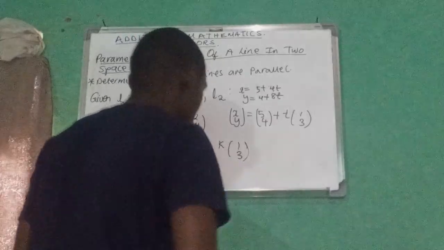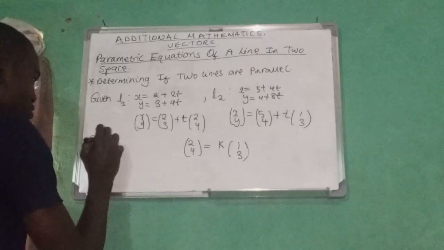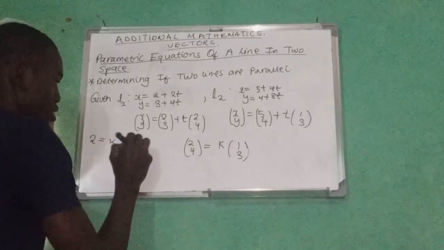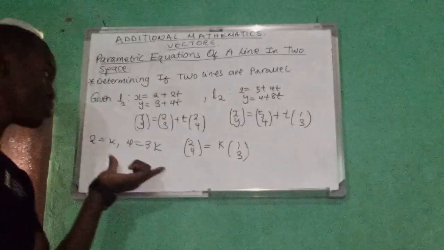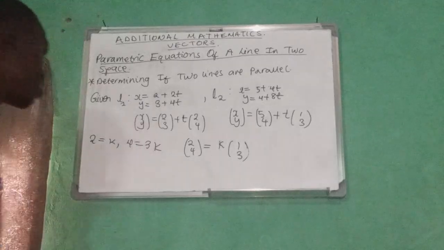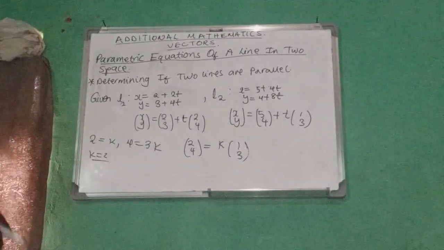It means 2 is equal to k times 1, which is k, and 4 is equal to 3k. So we have these two equations. So already from what we can see here, we have k is equal to 2 as a final answer.